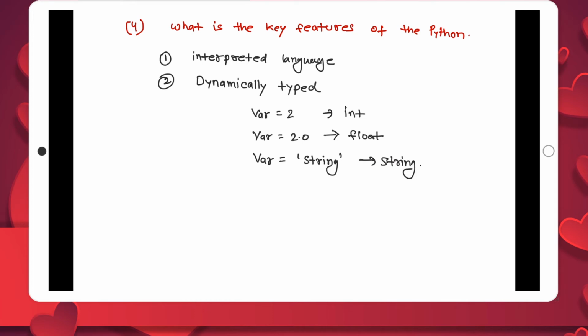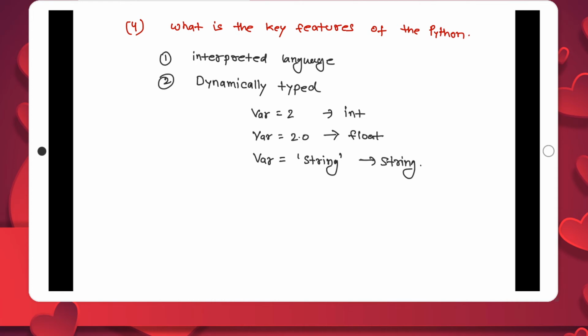So you can say that this is a dynamically typed language. That means the variables do not need to be given a type first. A variable automatically defines the type of the data based on the data which it gets.